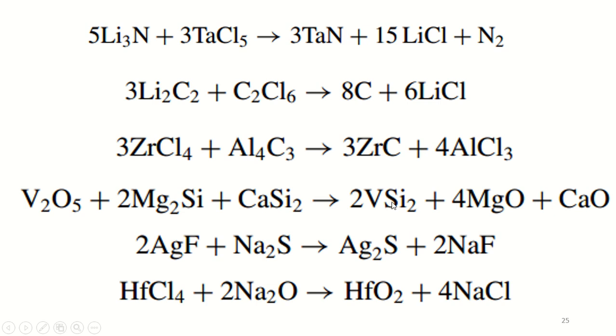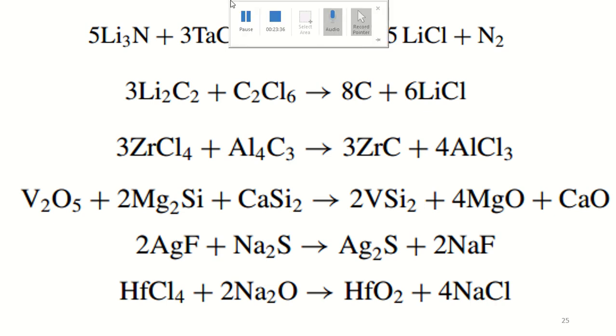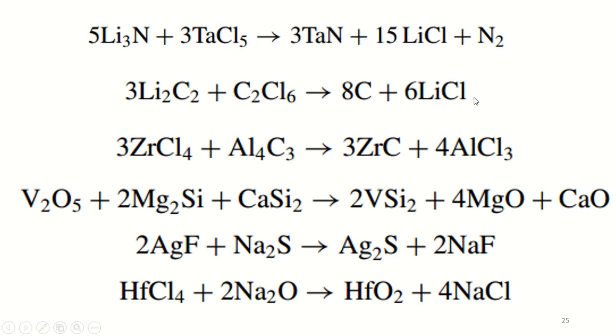And this is silver sulfide and hafnium oxide. In each case, it is necessary to carry out preliminary tests in order to optimize the conditions so as to obtain phase pure products.